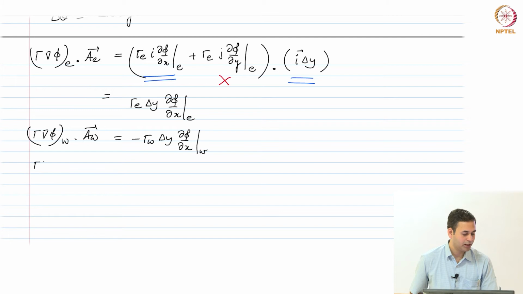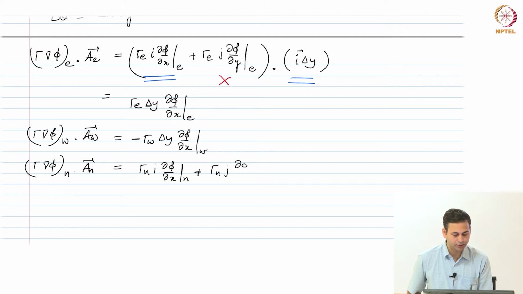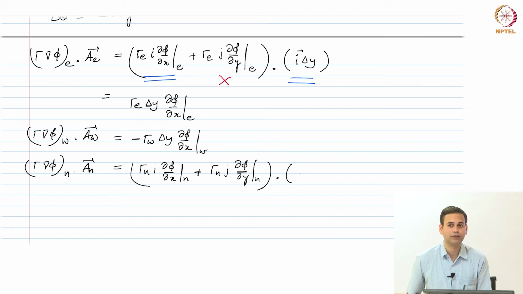What would be gamma grad phi north dot A north bar? So, if it comes to north, I can write it here just for convenience. This will be gamma north i partial phi partial x north plus gamma north j partial phi partial y north dot what would be A north? j times delta x.